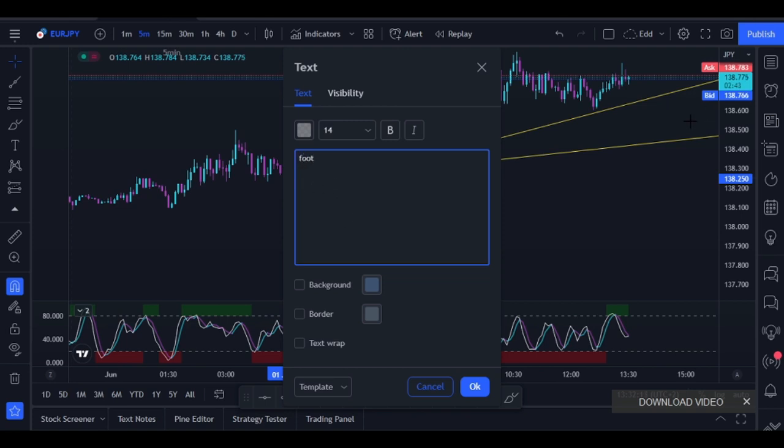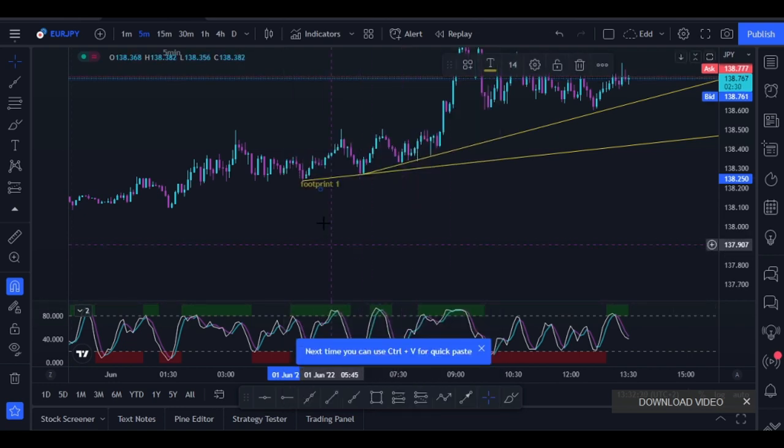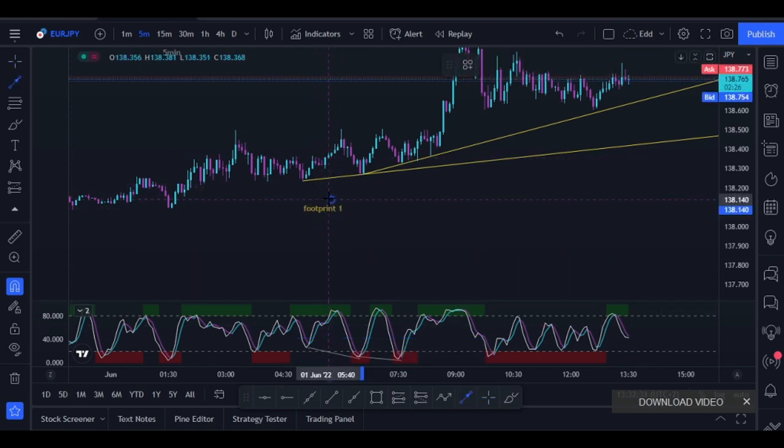Okay, this is footprint. Footprint 1. Okay, footprint 1, because let's make this yellow. Move you here, and then let's just draw a line to you right there.